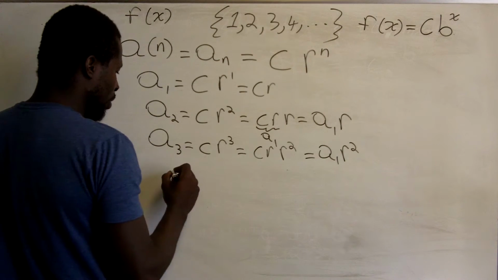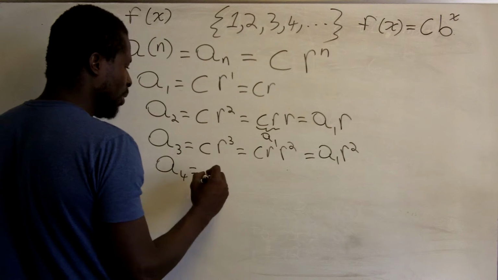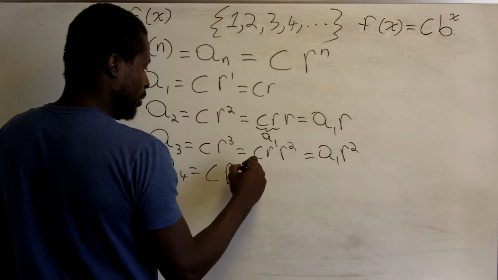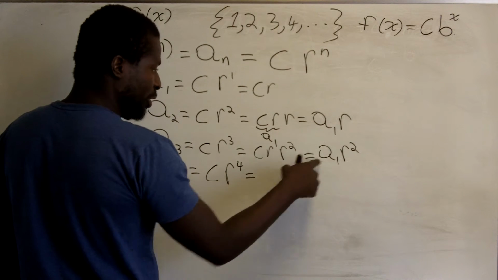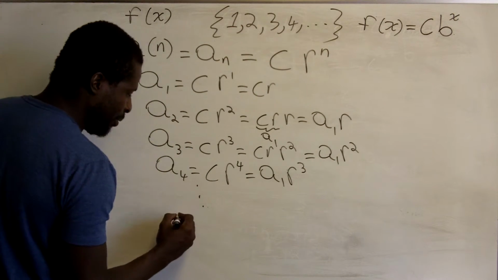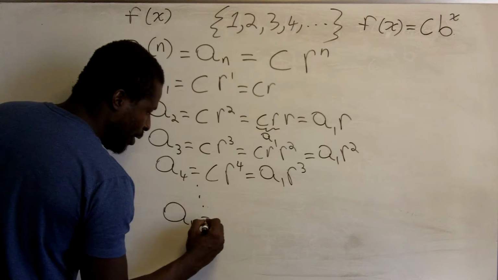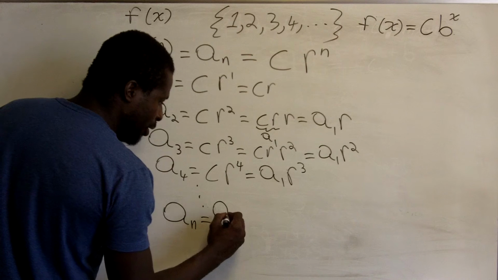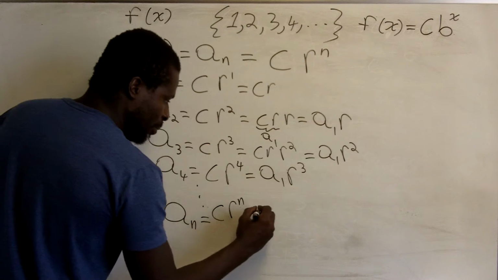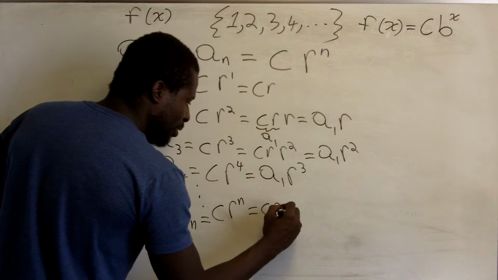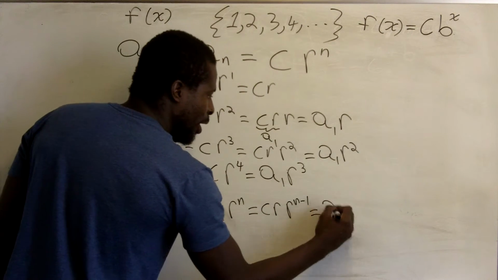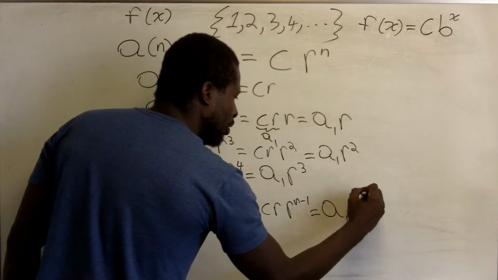If you continue, you see that a4 is equal to c times r to the fourth, which turns out to just be a1 times r cubed. And if you continue with this pattern, you get that an, the nth term, is going to be c times r to the n, which is c times r to the first times r to the n minus 1, or a1 times r to the n minus 1.